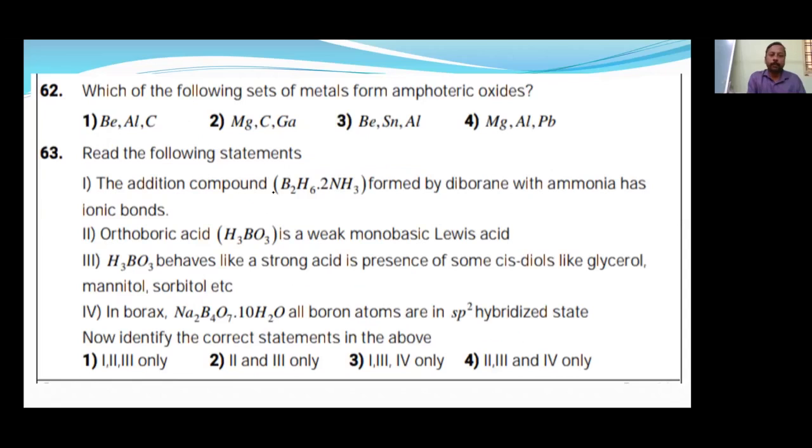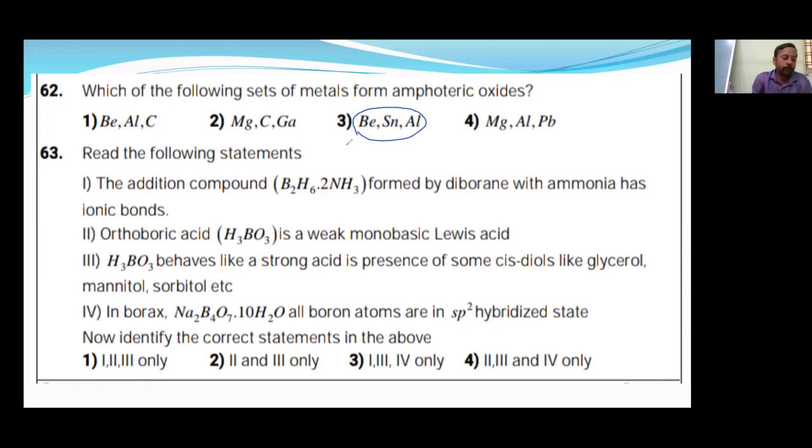Which of the following sets of metals form amphoteric oxides? The following metals will have oxides. They should be metalloids, or they should at least be able to form oxides which are amphoteric. Beryllium oxide, tin oxide, and aluminum oxide are amphoteric.